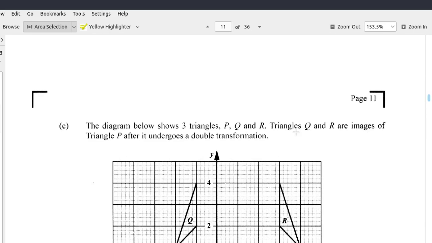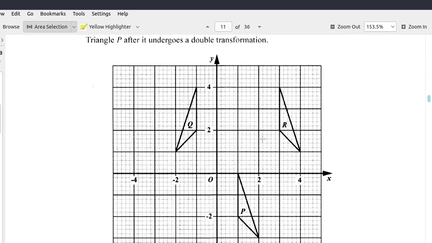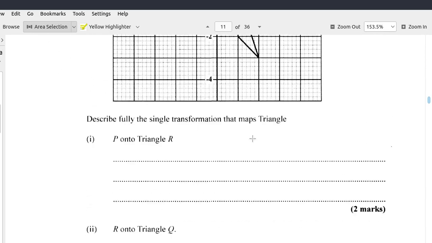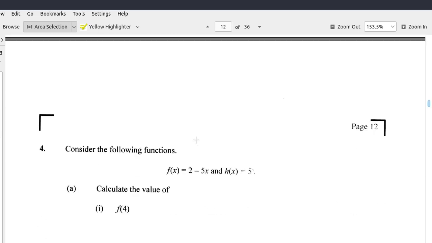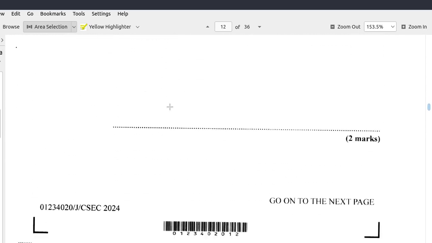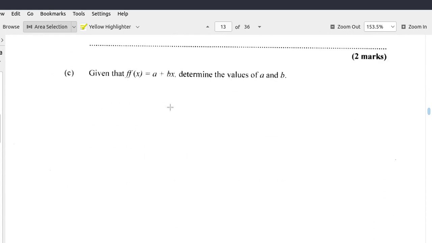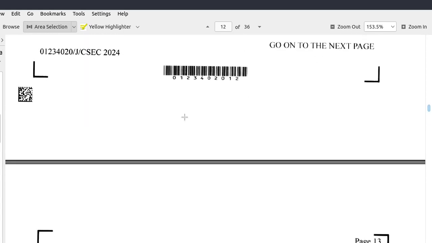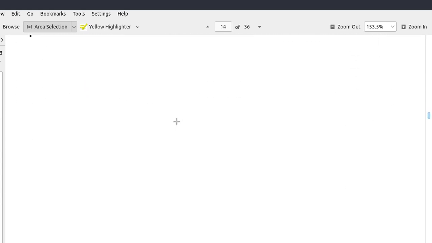This you have vectors, transformation. All right. Then question 4 is on functions. So I saw composite functions, inverse functions. Okay.